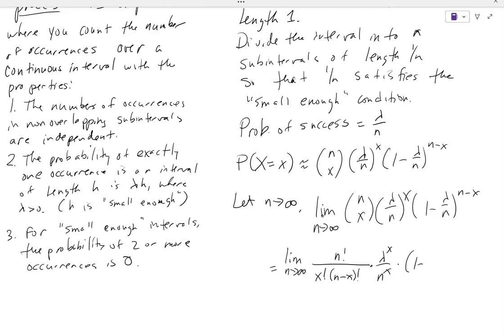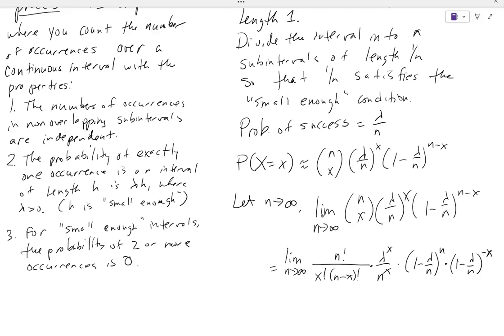And this I'm going to break into two pieces. So far, so ugly. Okay, good.